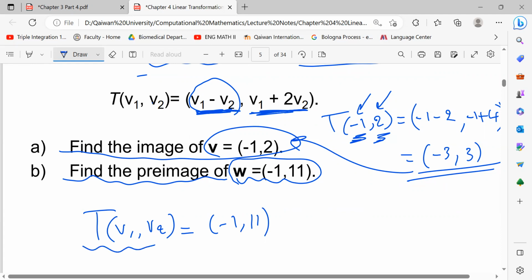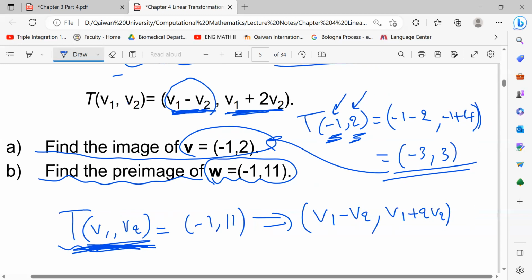What's T of (V1, V2)? We need to find V1 and V2 here. Based on the definition, T of (V1, V2) is (V1 minus V2, V1 plus 2 V2).